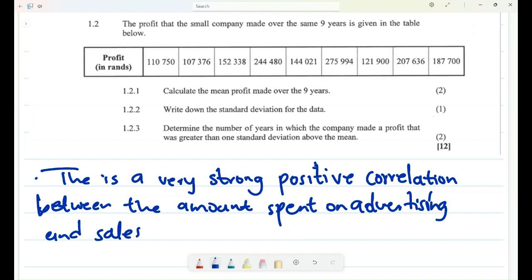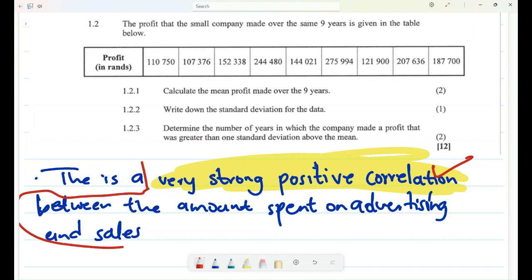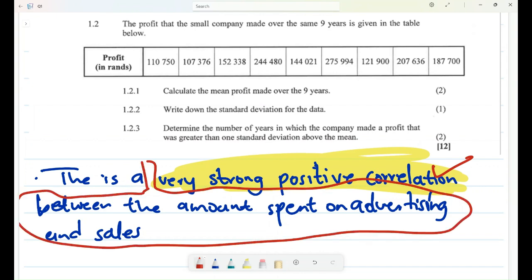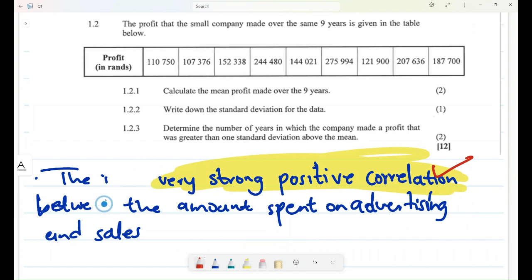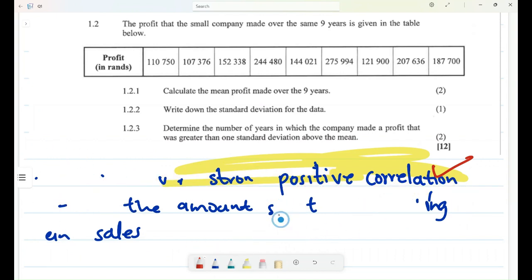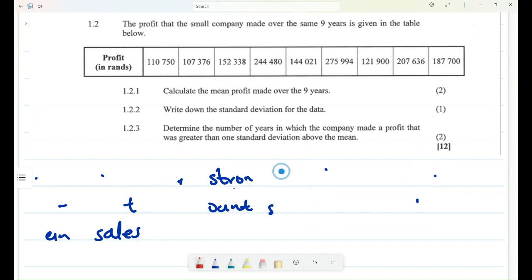The important part here is that it is a very strong positive correlation. This is your mark. The other English is not necessarily important; it is just you answering the question fully. But the important part is that it is a very strong positive correlation.